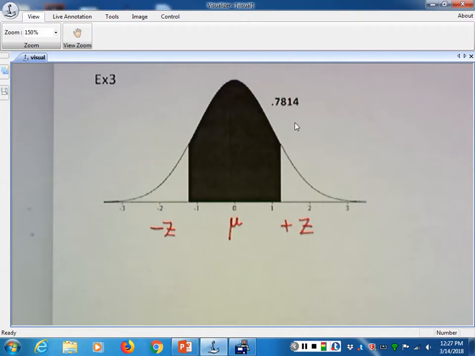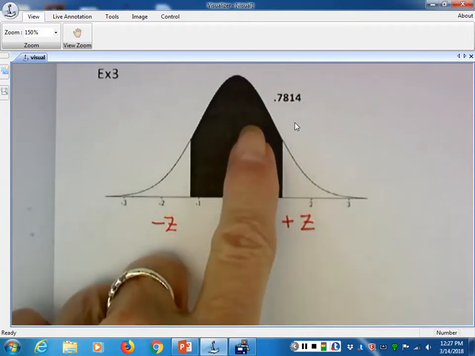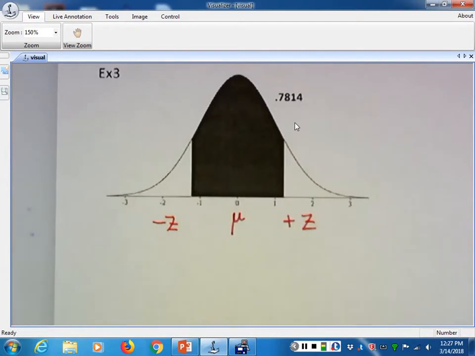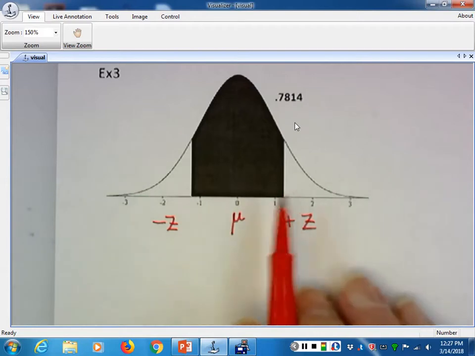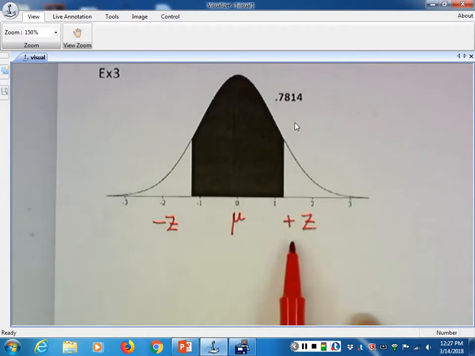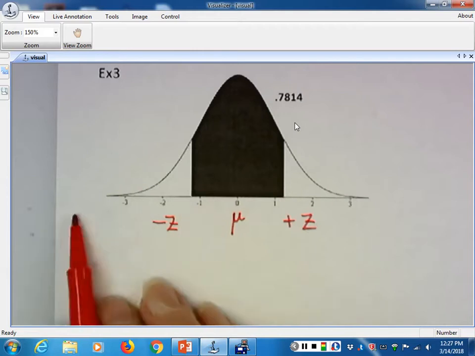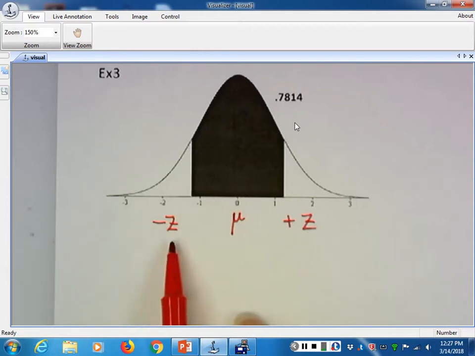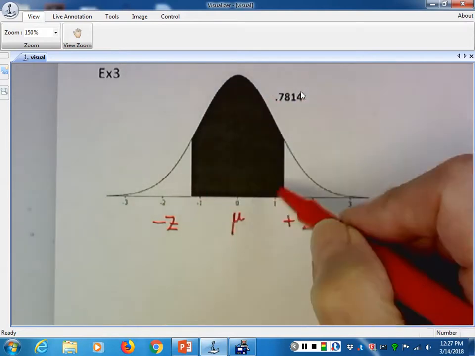When you've got a situation like this, this says this is the area between the two. What I need to know is what is the area to the left of that one, and what is the area to the left of this one. Okay? The thing to realize is that this is the chunk in the middle.